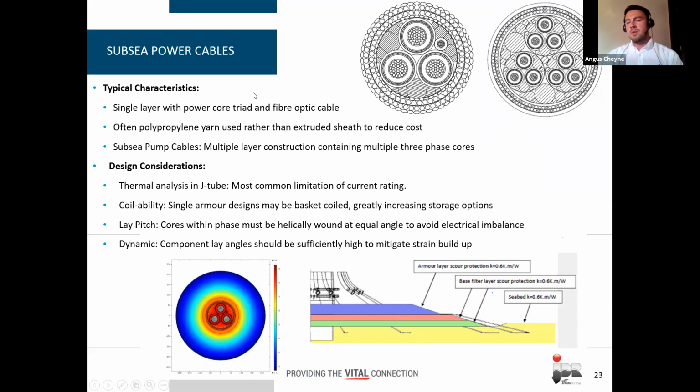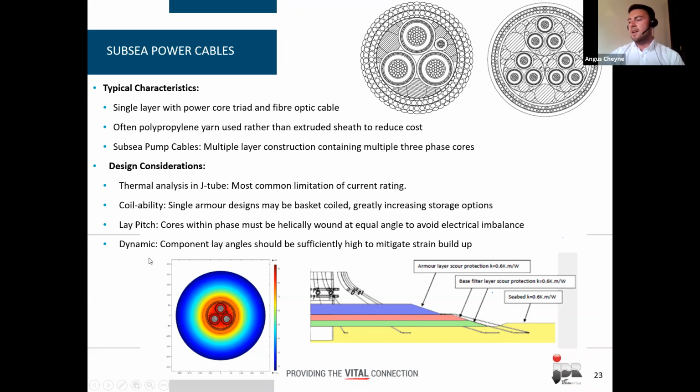So going on to subsea power cables. Typically a subsea power cable looks like this on the right here. So we have 3 cores with a single fiber optic. However, for applications such as subsea ESP pumps, it may have multiple triads, such as shown on the right here. So some considerations for subsea cable design are the thermal analysis in the J-tube.